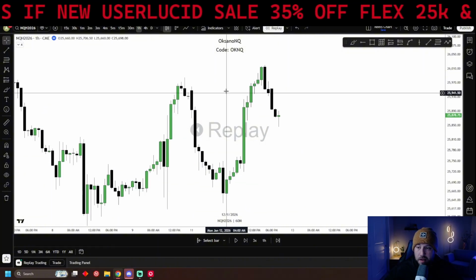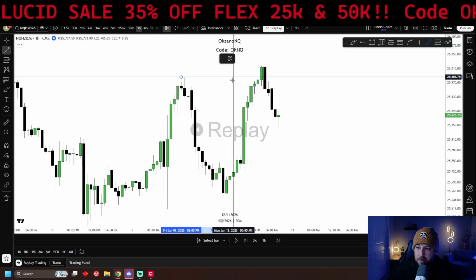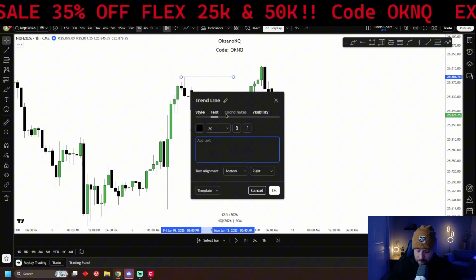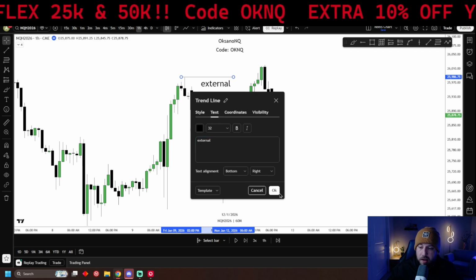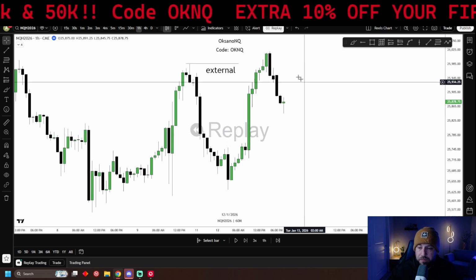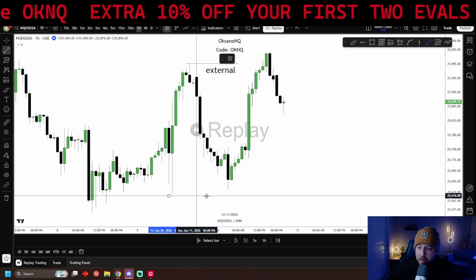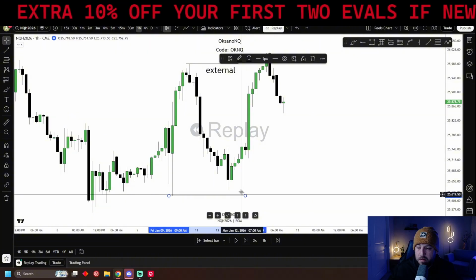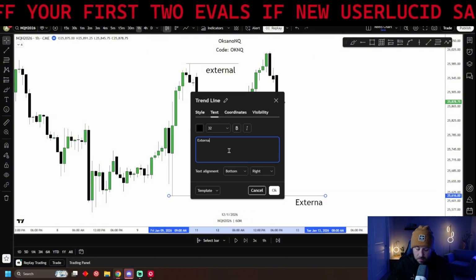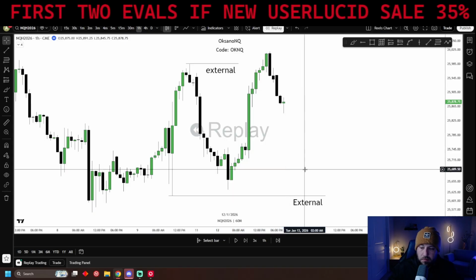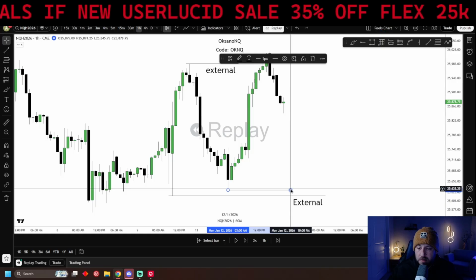Because it's not as simple as here we have external liquidity, here we have external, here we have external, and also here we have external.